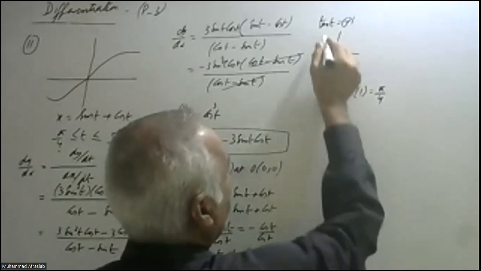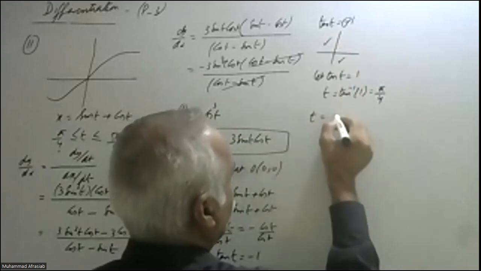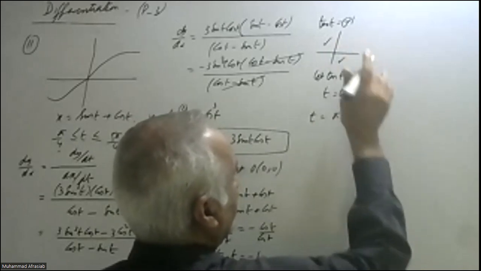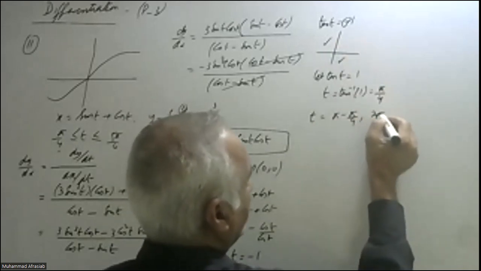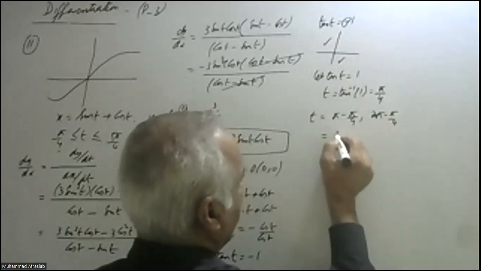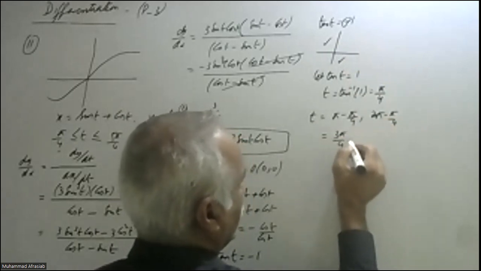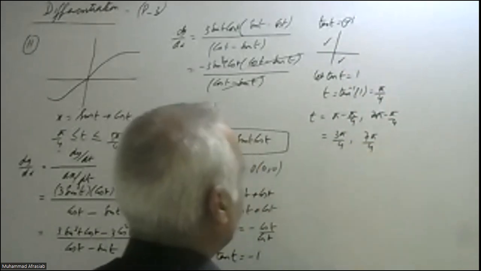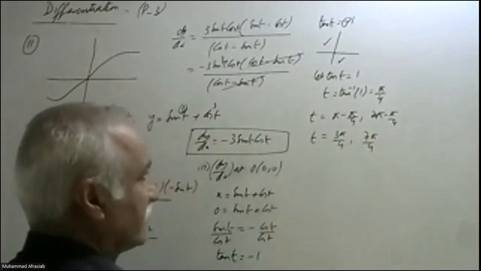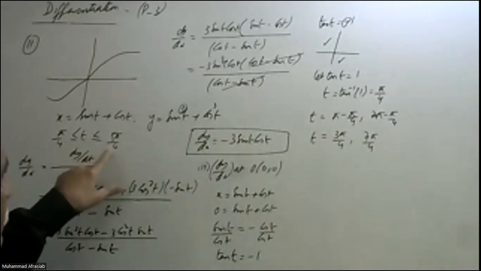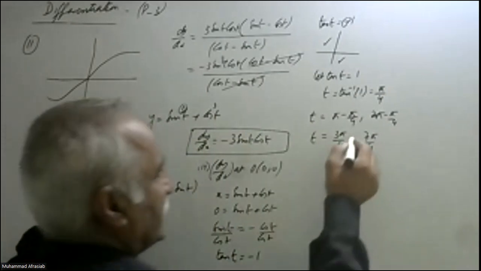For the second quadrant, t is equal to π minus π/4, and for the fourth quadrant, 2π minus π/4. So this becomes 3π/4, and this becomes 7π/4. That is the value of t here. But since the t value is lying between π/4 and 5π/4, this value is going to exceed.